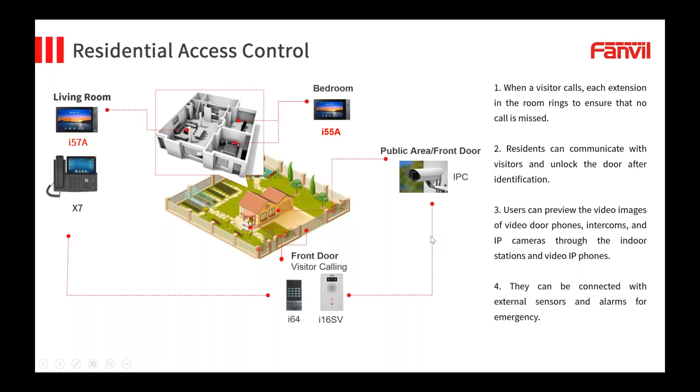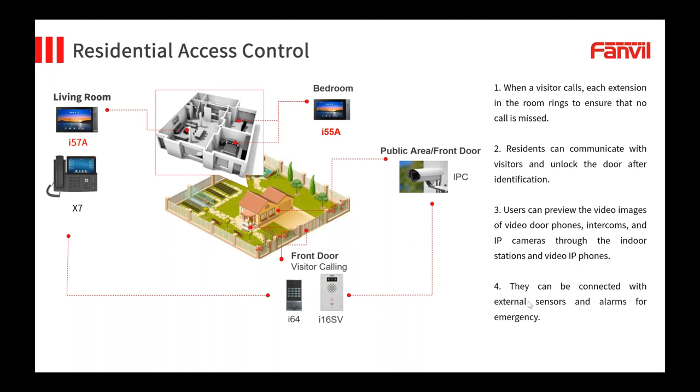And what is the highlight of this solution? You can look here. When a visitor calls, each extension in the room rings to ensure that no call is missed, and the residents can communicate with visitors and unlock the door after identification. Users can preview the video images of video door phones, intercoms, and the IP cameras through the indoor stations or video IP phones.